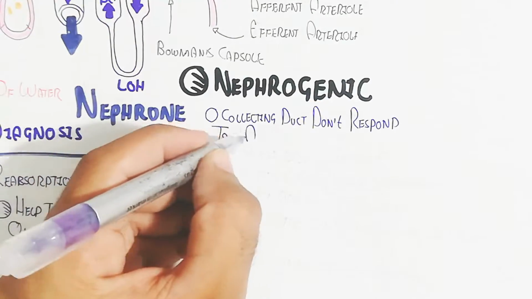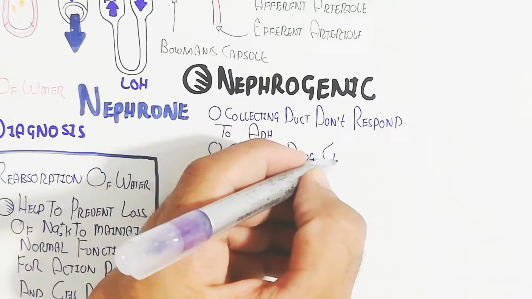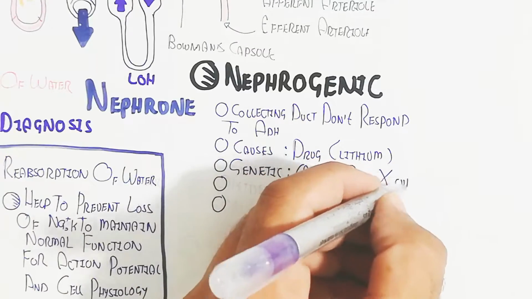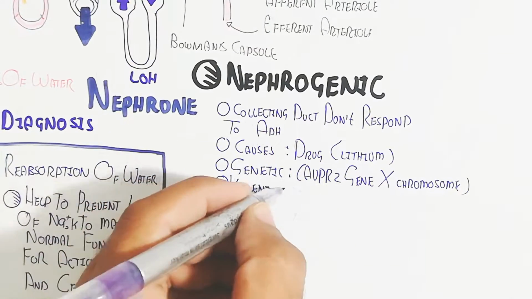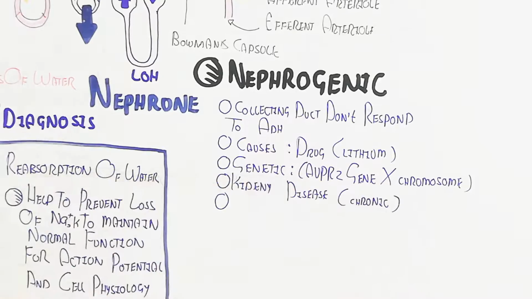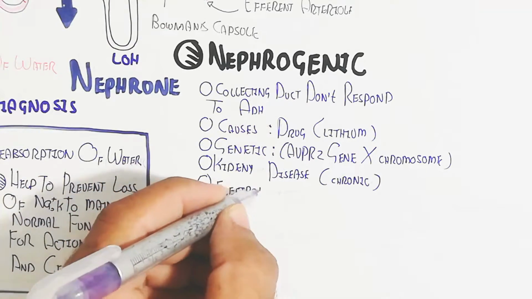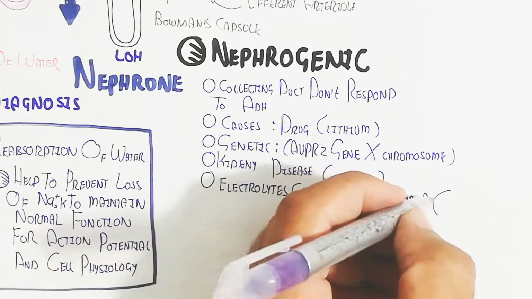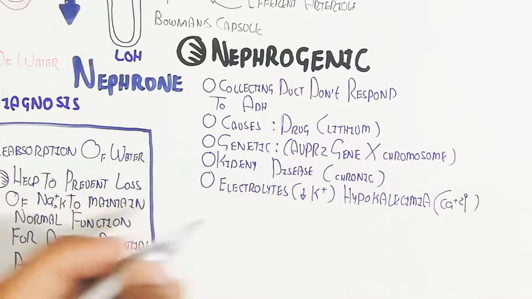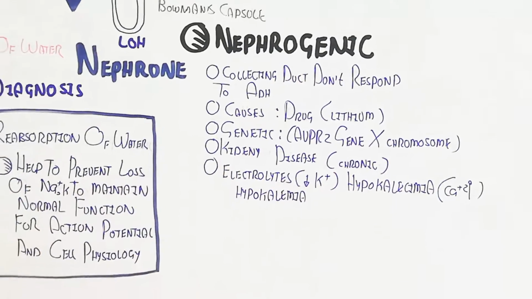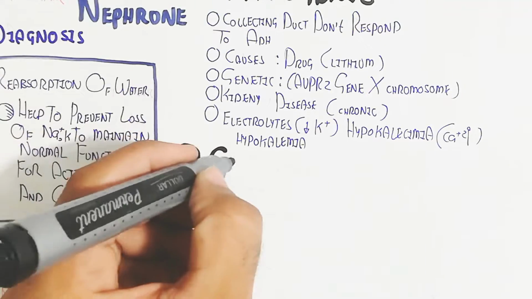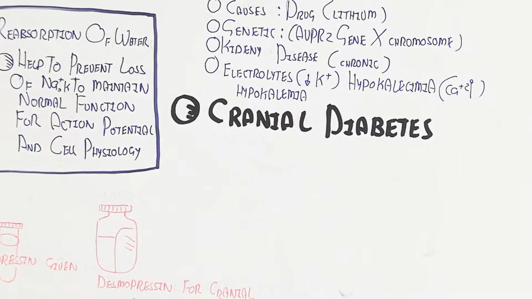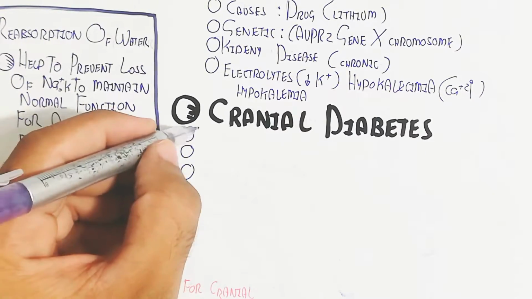The causes are drugs, such as lithium-containing drugs, and genetic causes: the AVPR2 gene is present on the X chromosome, and its dysfunction means the aquaporin channel is not produced after transcription and translation. Also chronic kidney disease and electrolyte imbalance, like decreased potassium, known as hypokalemia, and increased calcium, hypercalcemia, not hypocalcemia.